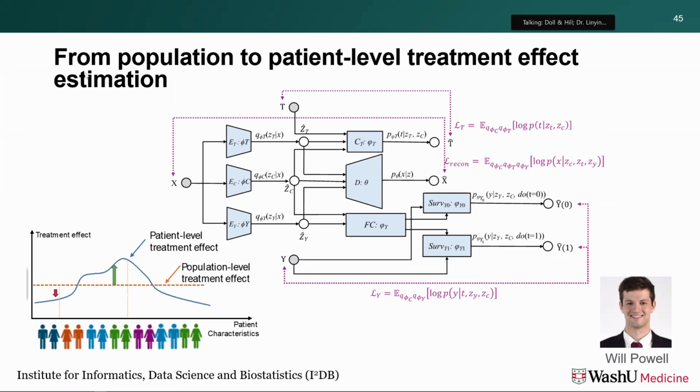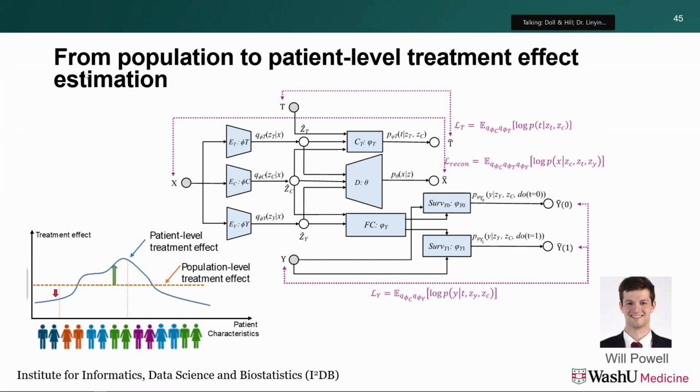Here is an illustration where the dotted line represents the population-level treatment effect, on average, of how a drug works in the population. But if you look at individuals, some patients may benefit more from the drug, some benefit less, or even are harmed by the drug. So how can we estimate treatment effect at the subpopulation level?